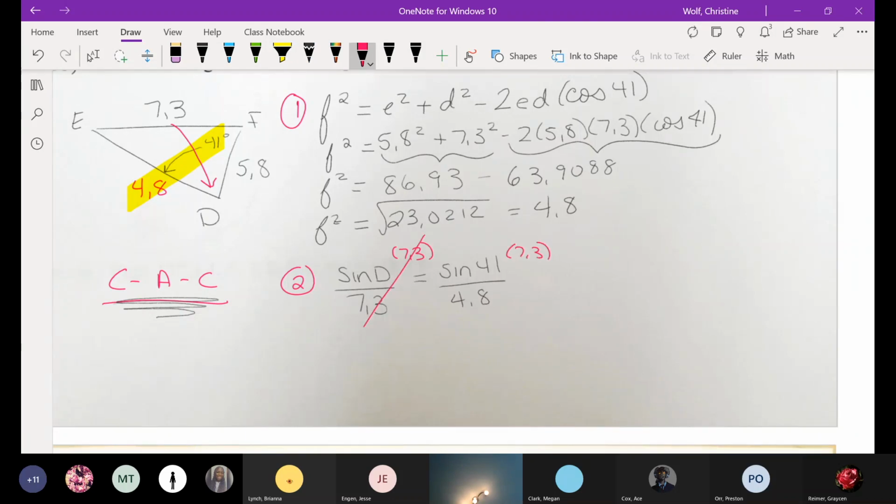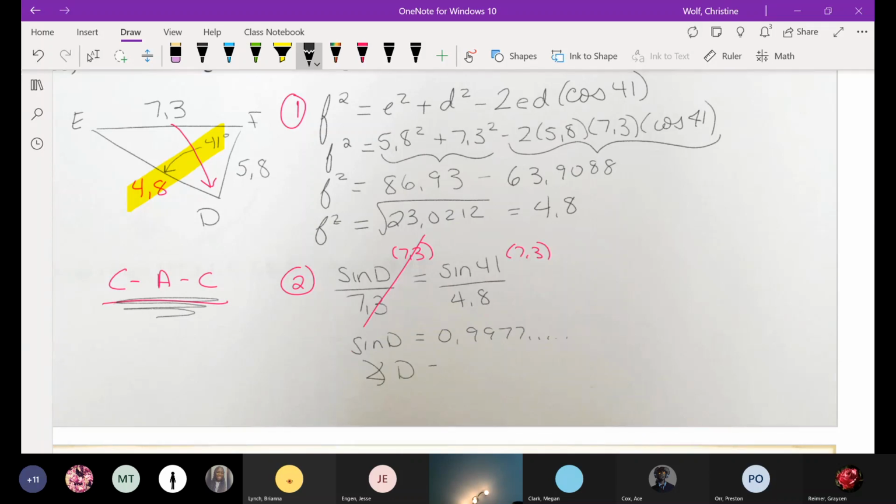Okay, and then je multiplie par 7.3 à chaque côté pour que cela annule. So à la droite, je fais sine de 41. Remember, it's sine now. Fois 7.3 égale, divise cela par 4.8 égale. But I'm not done. I get my decimal. Sine D égale 0.9977, blah, blah.